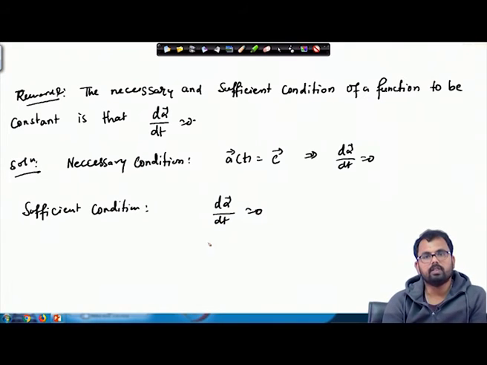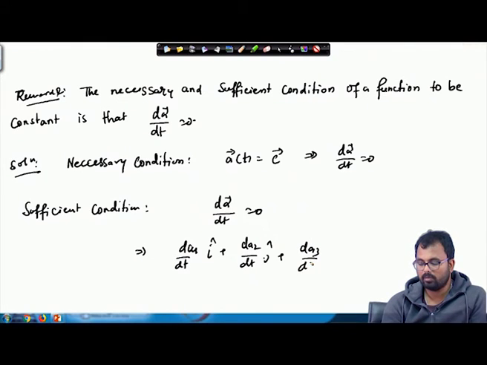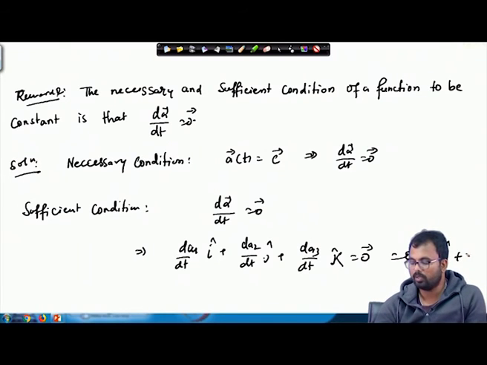Now, the vector function A has 3 components. So, let us write dA1/dt i plus dA2/dt j plus dA3/dt k equals 0. Now, this is a 0 vector actually, which can be written as 0 i plus 0 j plus 0 k, where each component is 0.